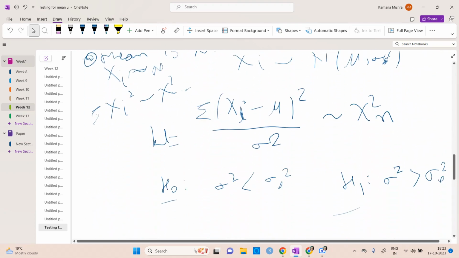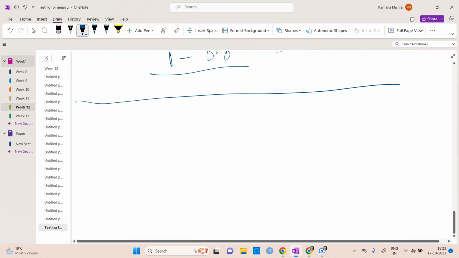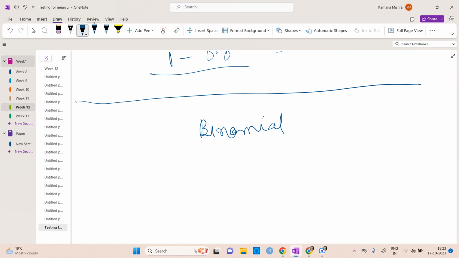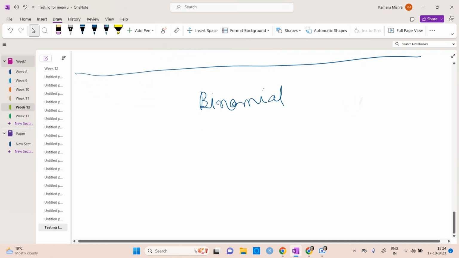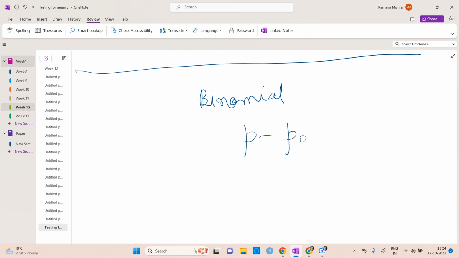You can remember this from the binomial, where you have mean p and variance pq upon n for the sample.